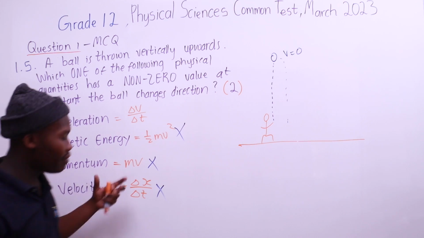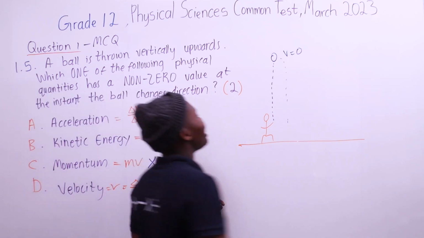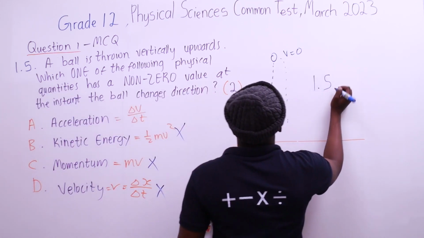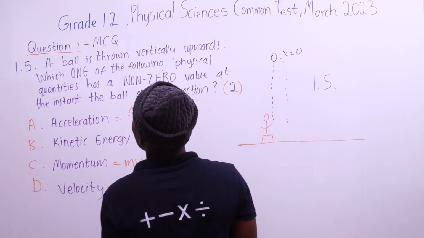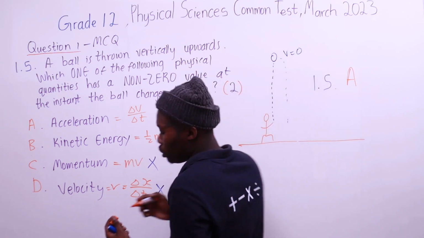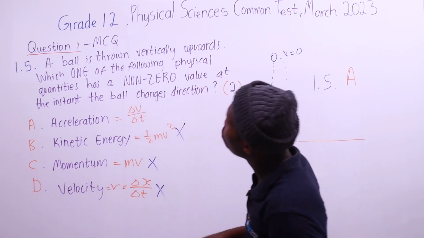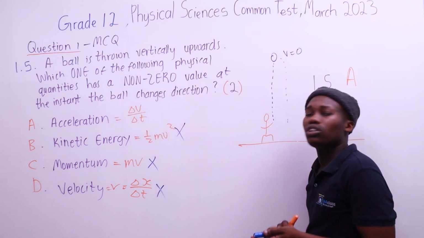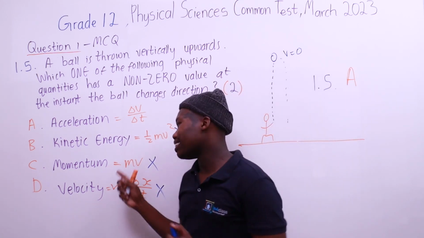So the answer, sibhala kanjani, 1.5, and then we choose A, and then you have written your answer and you get your 2 marks.